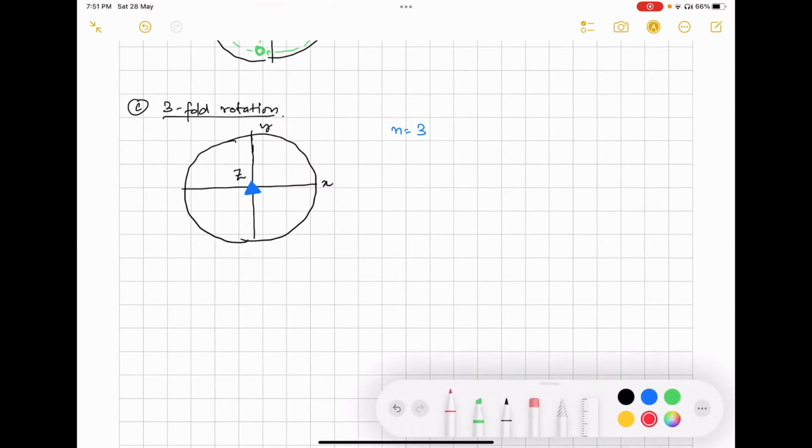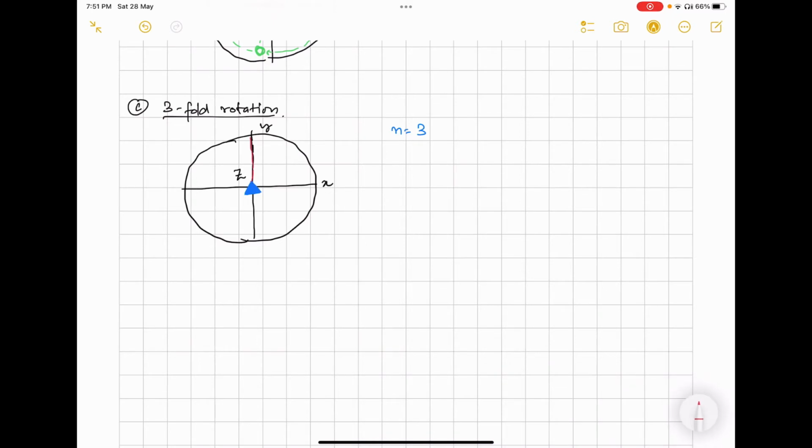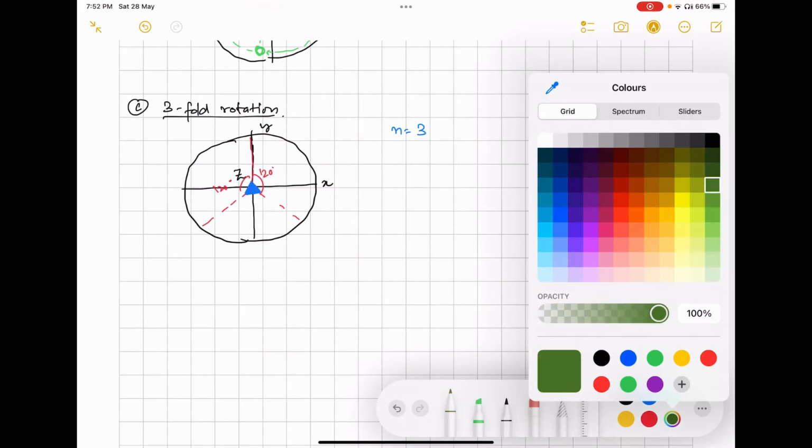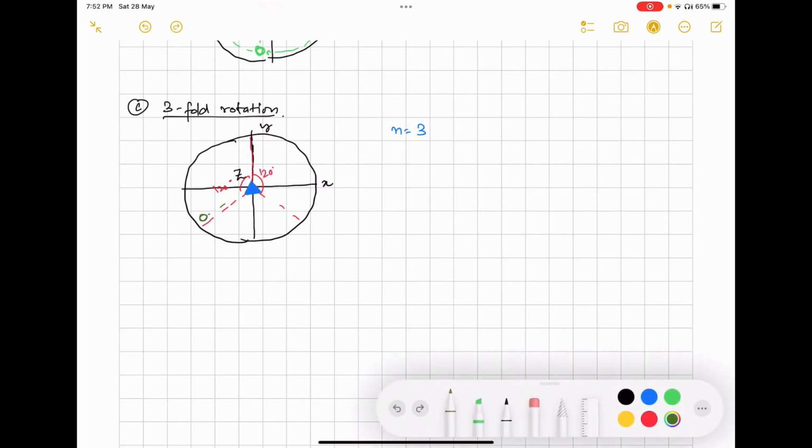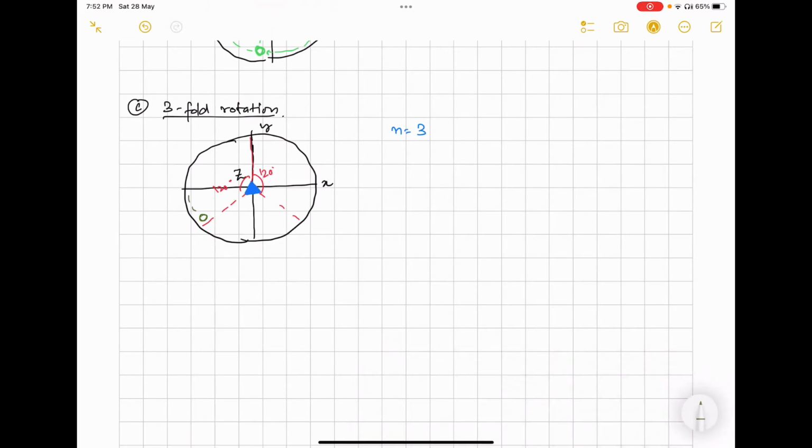So let us divide this into 3 parts. These have an angle of 120 degrees in between. Suppose I start with a point here. After a rotation of 120 degrees, this point lands up here.